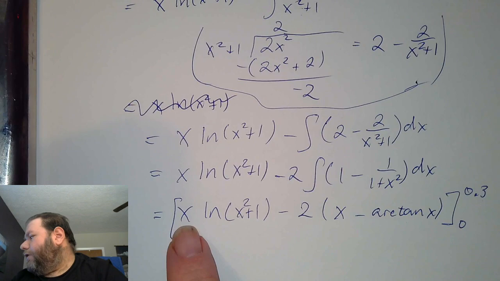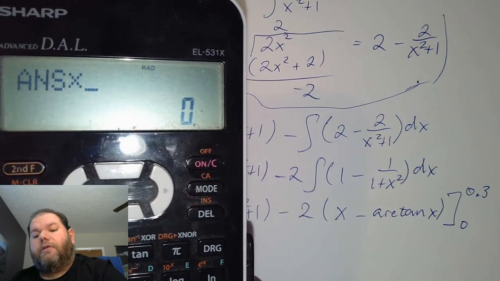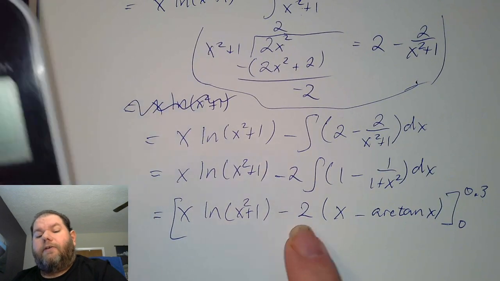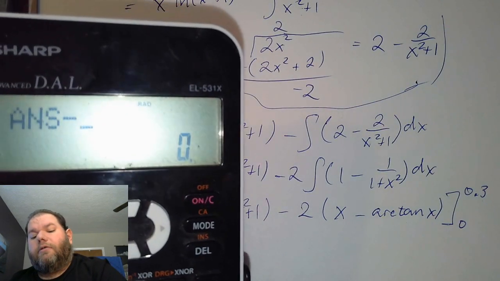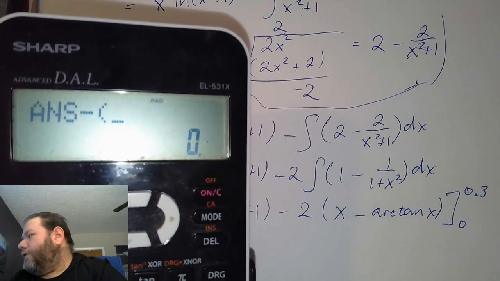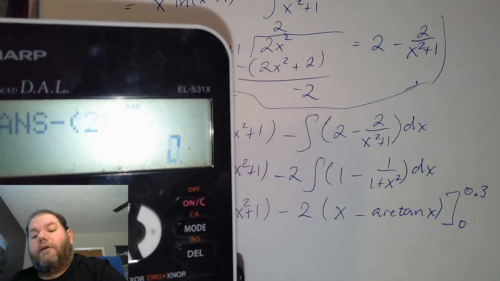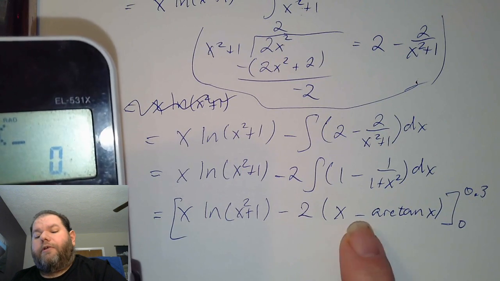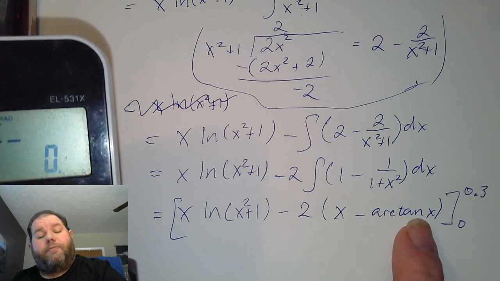Times 0.3 in front. Got that. Okay. Then minus 2. I'll put parentheses. 2 times, and then put another parentheses for what's in here. So it'll be 0.3 minus arctan of 0.3.